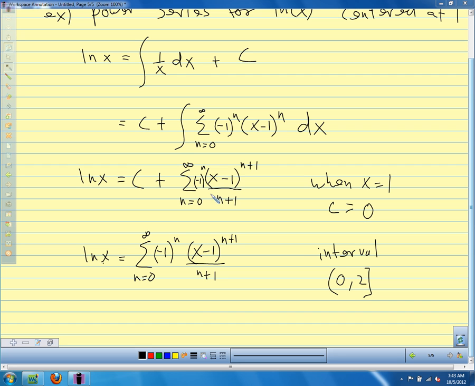We can plug in x equals 2 here, and I get that the natural log of 2 is 1 minus 1/2 plus 1/3 minus 1/4 plus and so on. And this was the alternating series that we worked with when we rearranged the terms and got half of this result. So this is where that expression comes from, this power series representation for the natural log of 2.